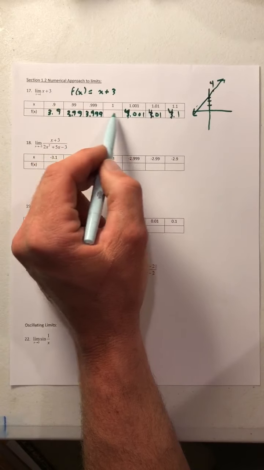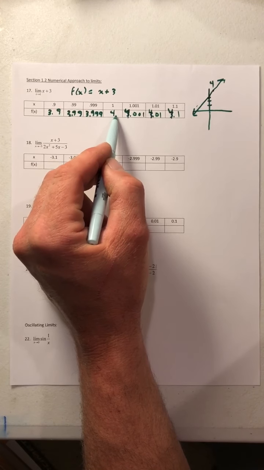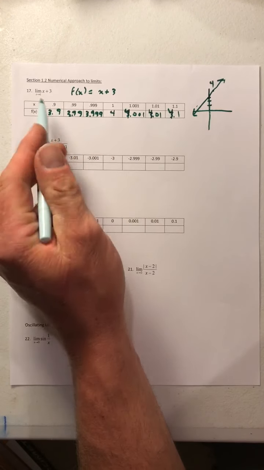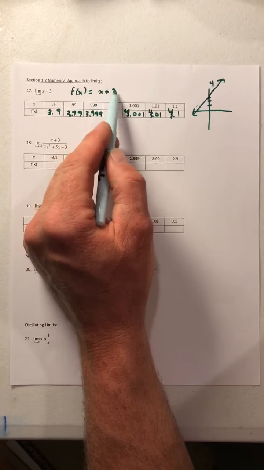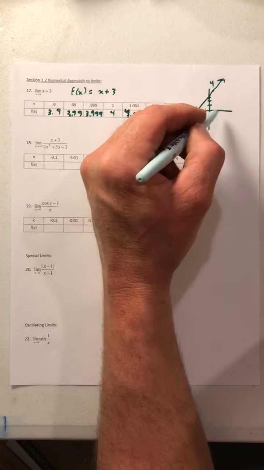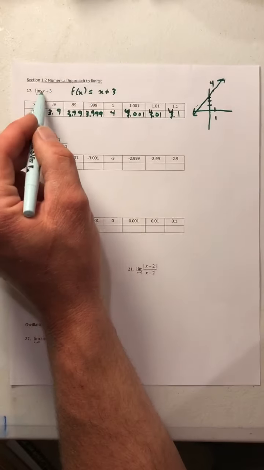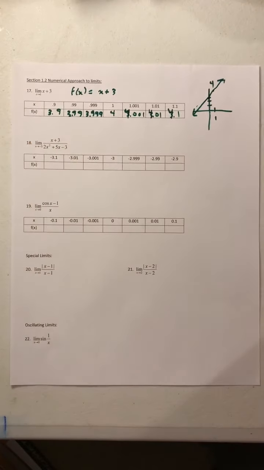And it appears as these values, we get closer and closer to 4. Now, again, if we look at that function x plus 3, when x equals 1, we know that value is 4. So hopefully, we take what we knew in this new idea of limits and this new concept, and we can put that together.